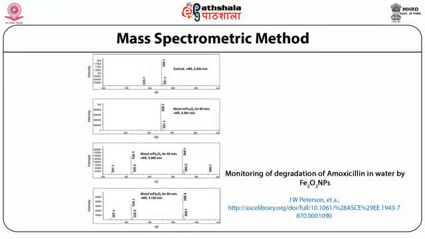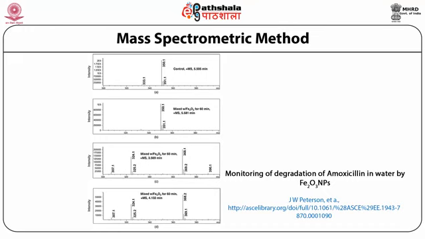So this is showing an application of mass spectrometry in the analysis of particles. Here Peterson et al. have investigated the degradation of amoxicillin with nanoparticles in water through mass spectrometry using positive ESI mode.